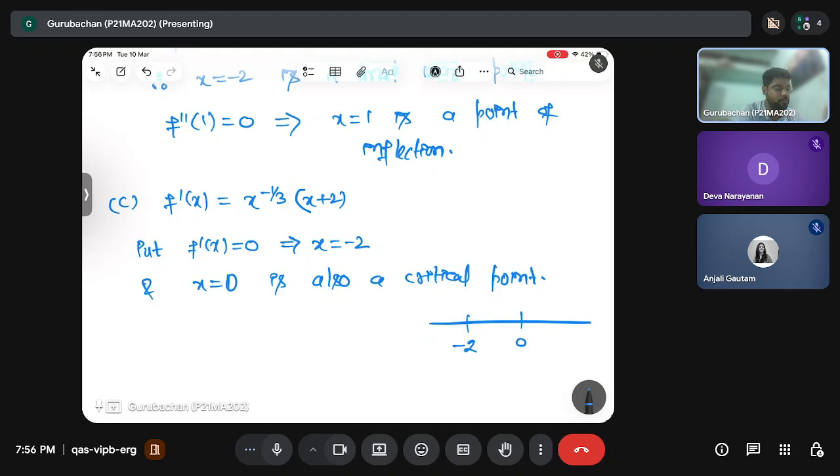After the 0, that is a positive number, function will be positive. Before the 0, that is a negative number, minus 1, function will be negative because this will contribute as a negative number, minus 1. F dash at minus 1 will be nothing but minus 1 to the power 1 by 3, that is minus 1, and here it will be 1.